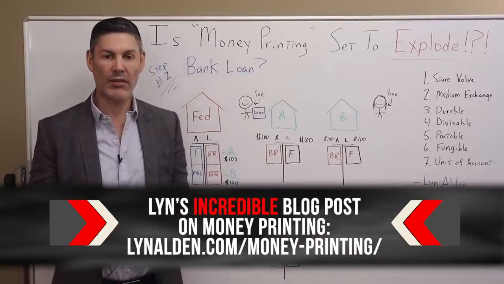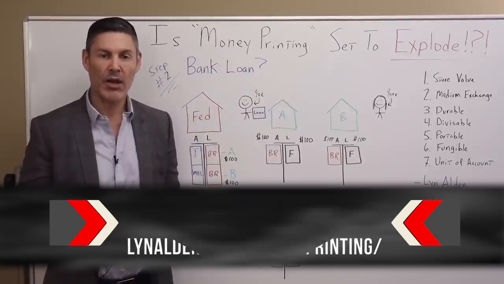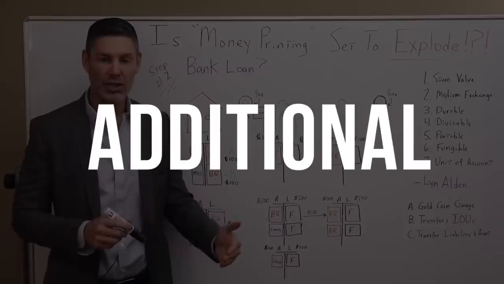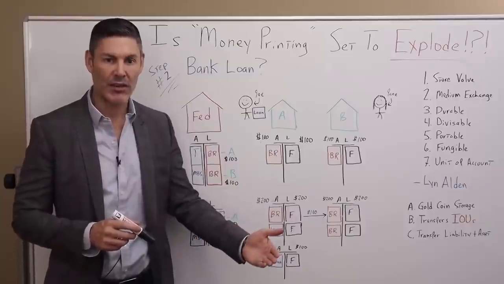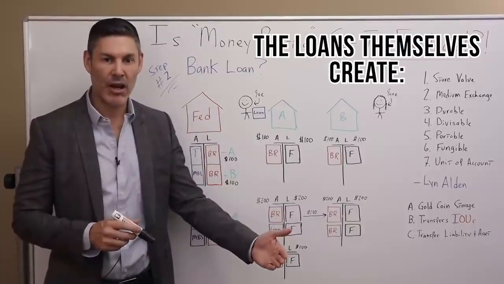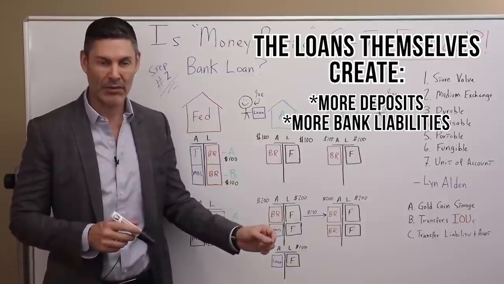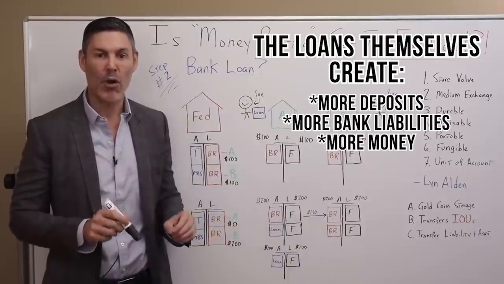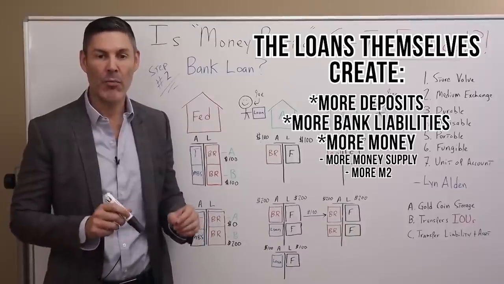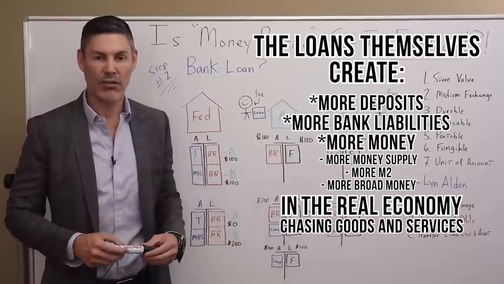This is why we always say the commercial banking system in a normal economy creates additional money supply. Because they generate these loans, the loans themselves create more deposits, more bank liabilities, or what most people would define as more money supply, more M2, more broad money in the real economy chasing goods and services.